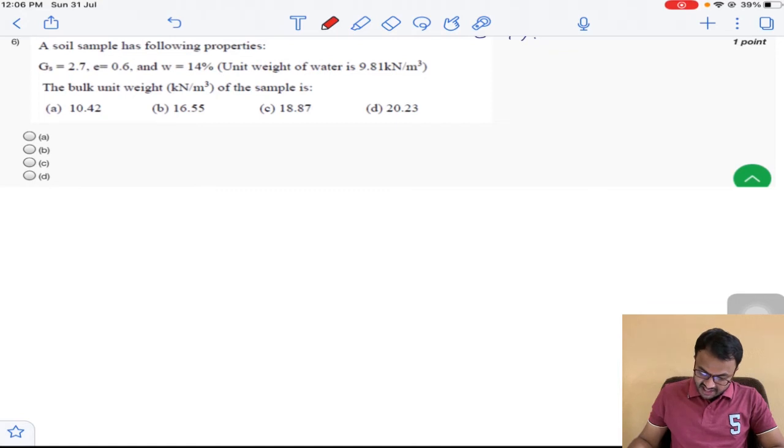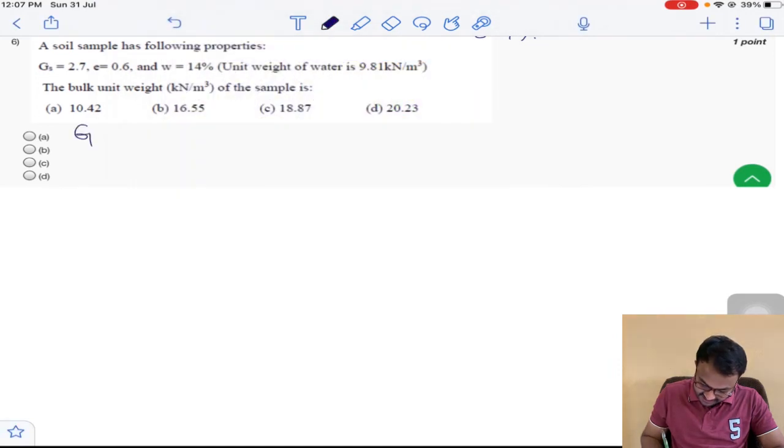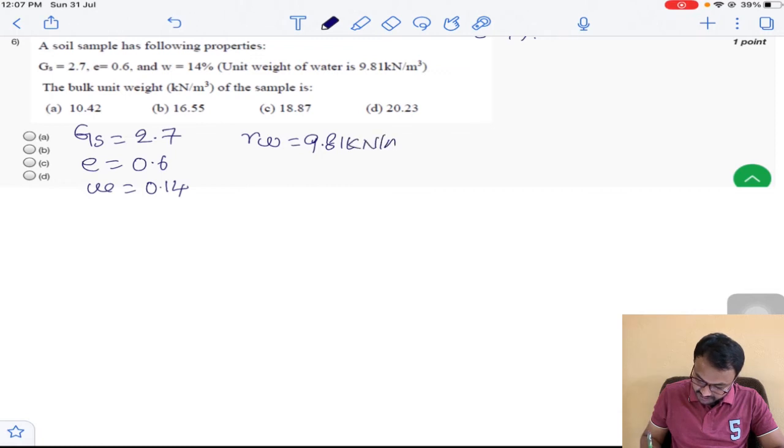A soil sample has the following properties. He has given the data: specific gravity G suffix S is equal to 2.7, void ratio is equal to 0.6, water content is equal to 14%, that is 0.14, and unit weight of water gamma W is equal to 9.81 kilonewton per meter cube.